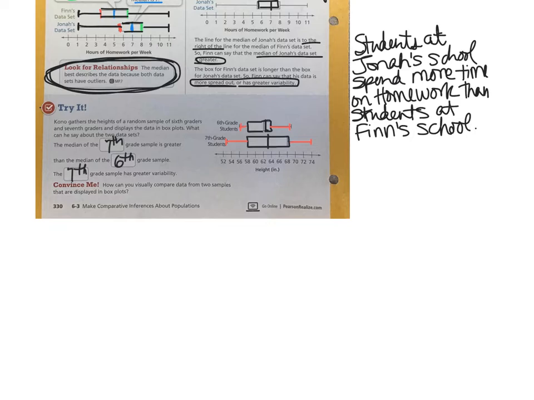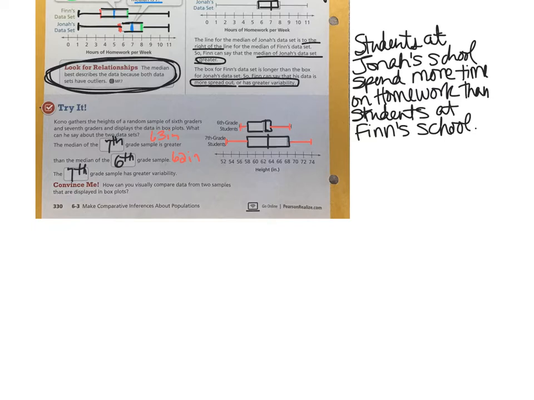In this problem, what we might notice is that the median of the 7th grade sample is greater than the median of the 6th grade sample. In this case, the median of the 7th grade sample is about 63 inches, while the median of the 6th grade sample is about 62 inches.